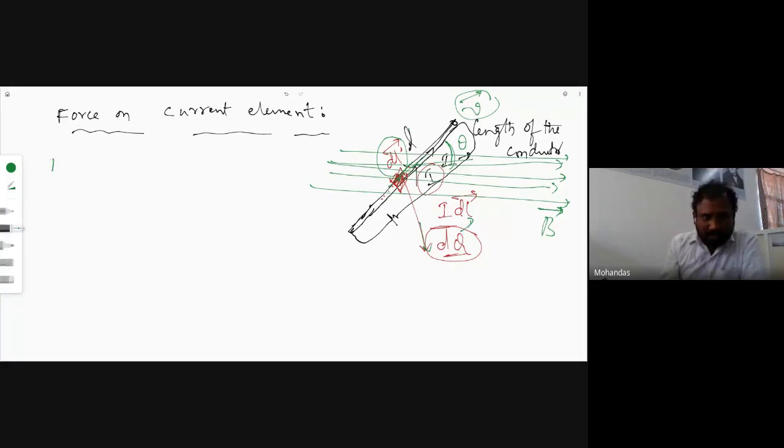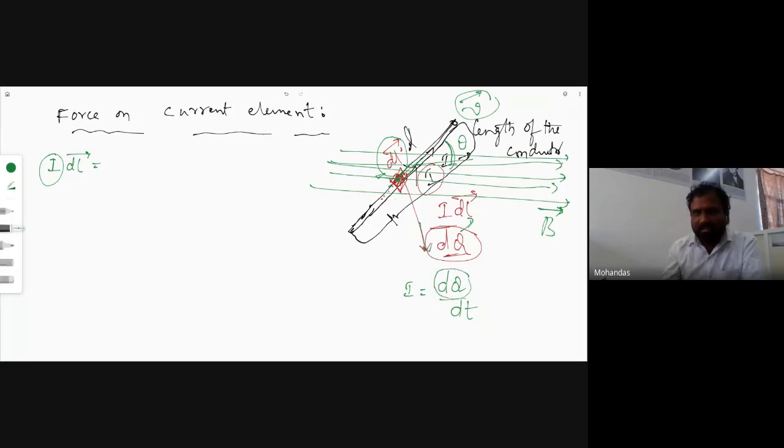Listen carefully. I dl equal to, I am writing, can I write I as a flow of electrons? Rate of flow of electrons. What is the current I here? Rate of flow of electrons. If I take only this differential length, the rate of flow of differential electrons with respect to dt within the differential time, these are the charges which are crossing this differential length.